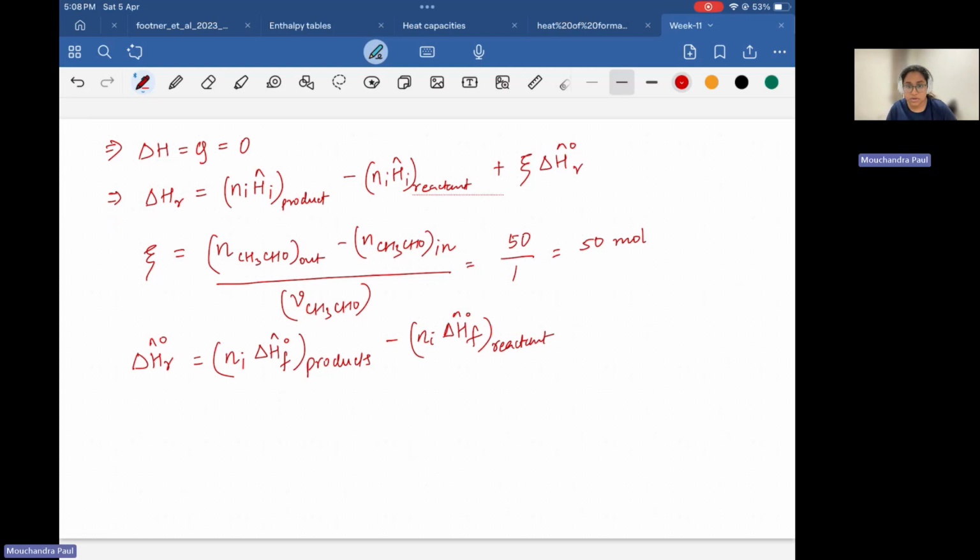This is the equation that we will follow. Okay, sorry, here we don't use Ni. We use the stoichiometric coefficients, sorry, my bad, of each of the components.